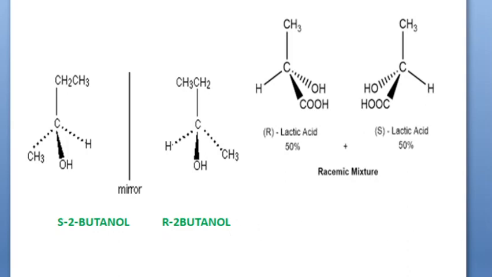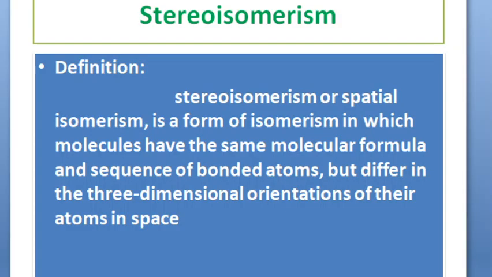What type of stereoisomer is that? By definition, stereoisomers are spatial isomers. The word stereo itself means space. A stereoisomer is a form of isomerism in which molecules have the same molecular formula and sequence of bonded atoms, but differ in the three-dimensional orientation of atoms in space.